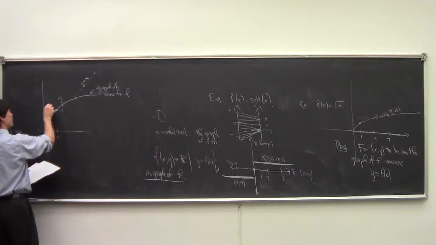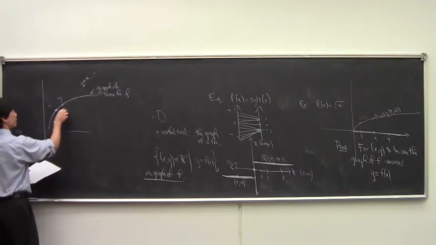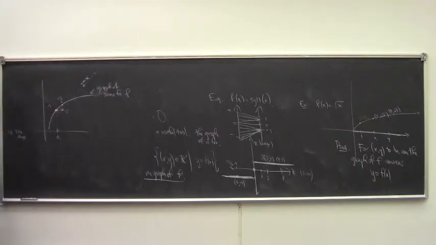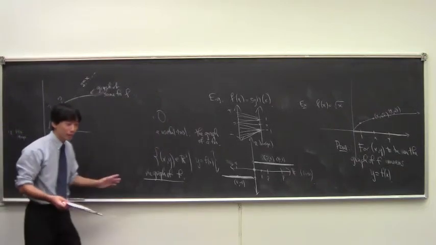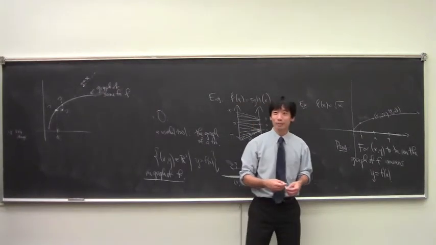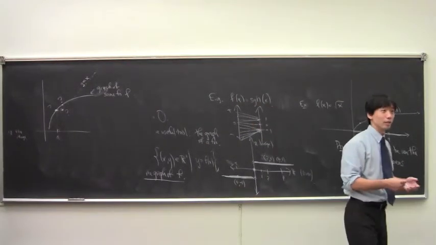So maybe the first question is, what's the coordinate of that? Second question, what are the coordinates of this point? So then go perpendicularly over here, and then go perpendicularly up to here. So what are the coordinates of these 3 points? If you understand the meaning of the graph, then it'll be clear. And if not, just think about it, and then you'll understand the meaning of the graph. So take a minute or so.